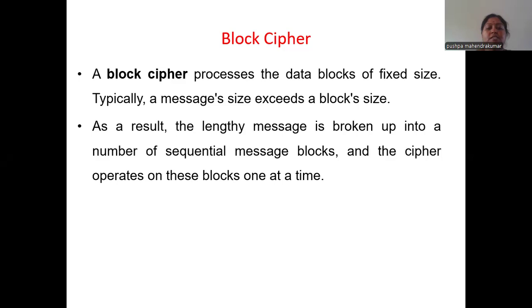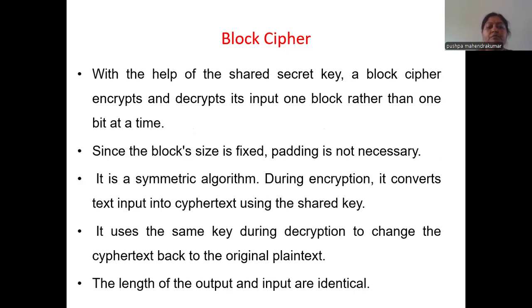Typically, a message's size exceeds a block. As a result, a lengthy message is broken up into a number of sequential message blocks, as we have discussed in the diagram. The cipher operates on these blocks one at a time. With the help of the shared secret key, a block cipher encrypts and decrypts its input one block at a time rather than one bit at a time.